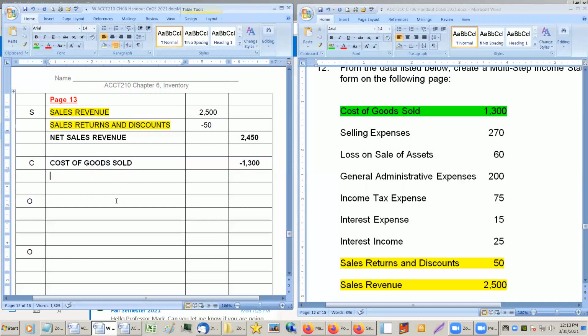And this will give us our gross profit. So this is $2,450 minus 1,300, 1,150.